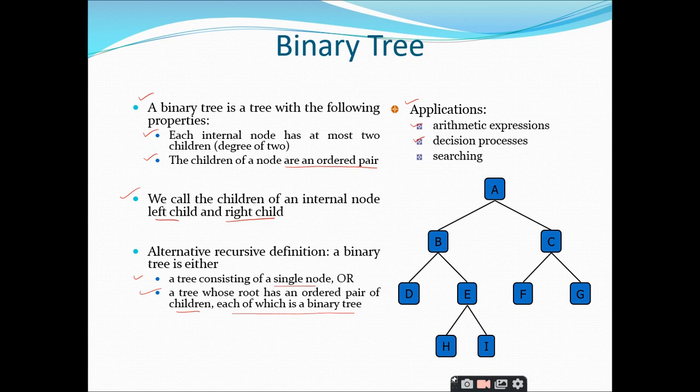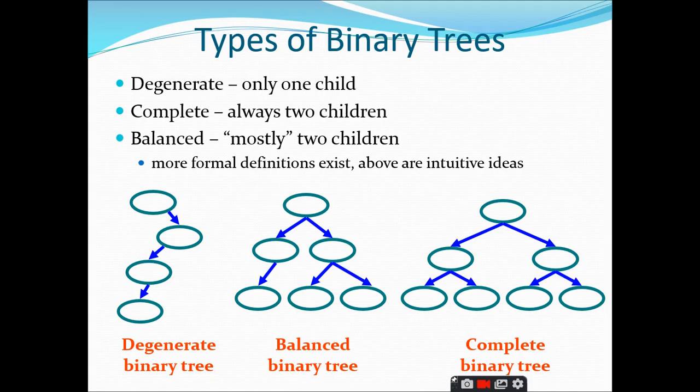And in the searching process we are going to make use of binary trees in the context of binary search trees. So these are the various applications we have of binary trees.